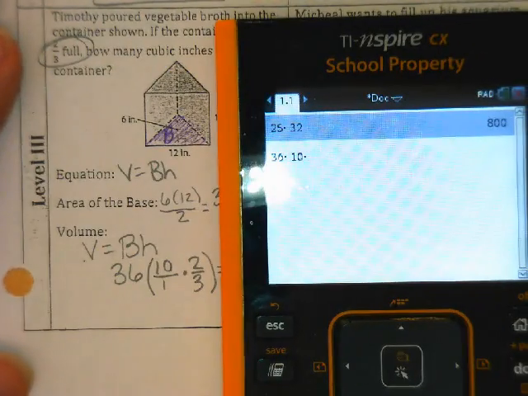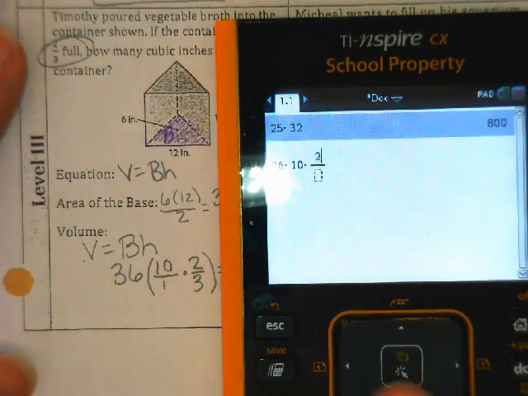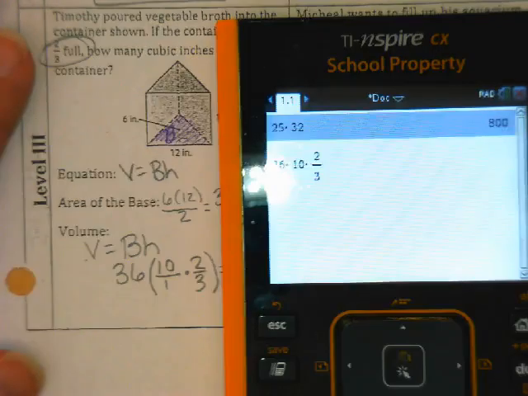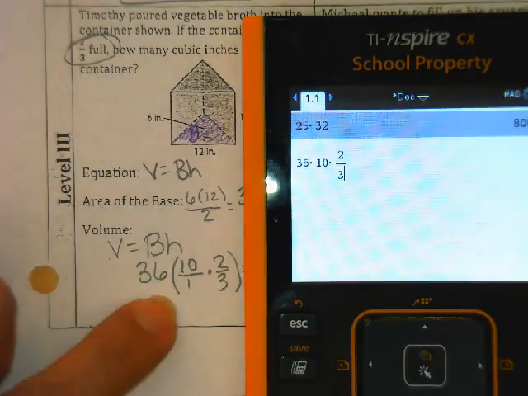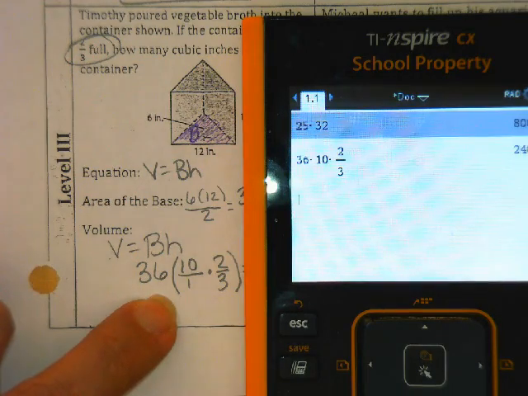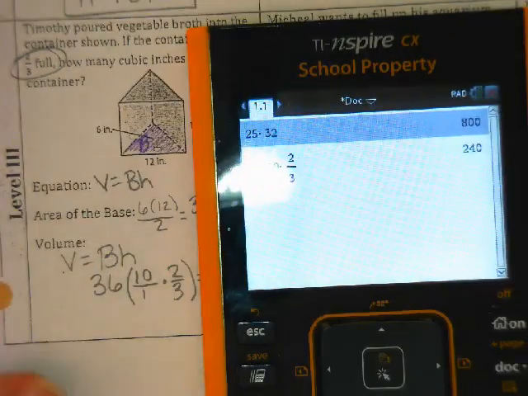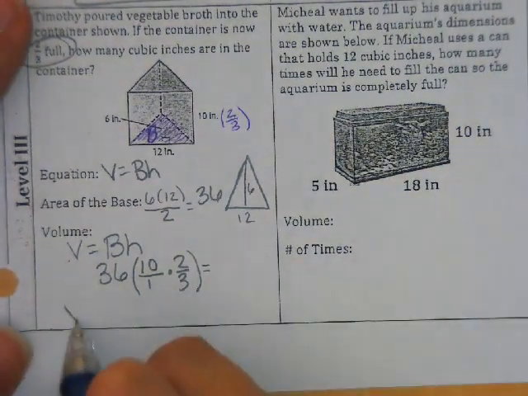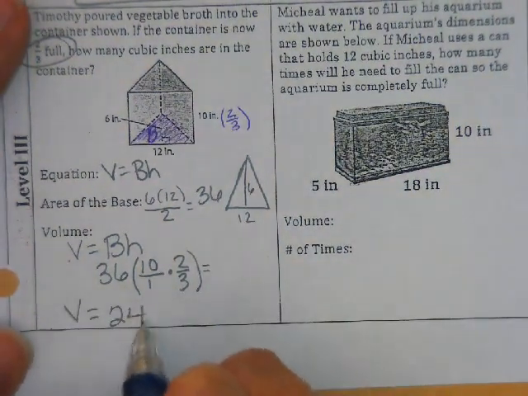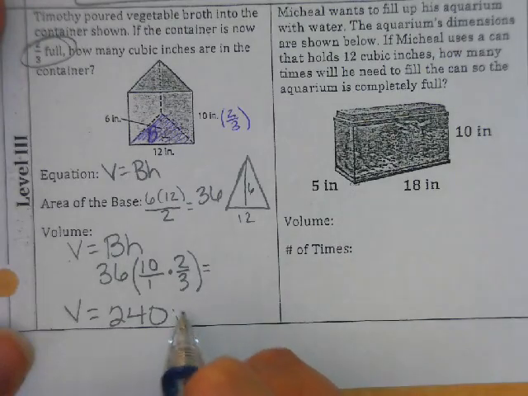Do you remember? Good. Control divide 2 over 3. Does that not look like this? You could put the 10 over 1 or you just put 10. And we get 240. Volume equals 240 what? Inches cubed.